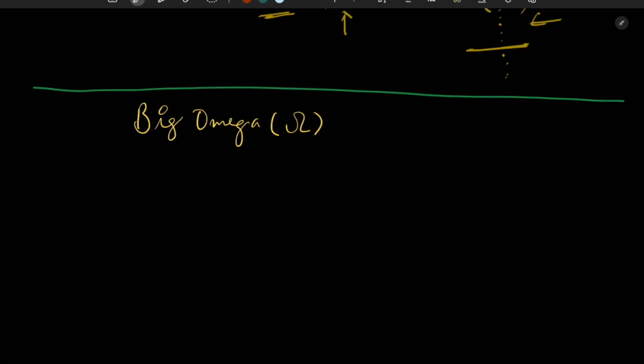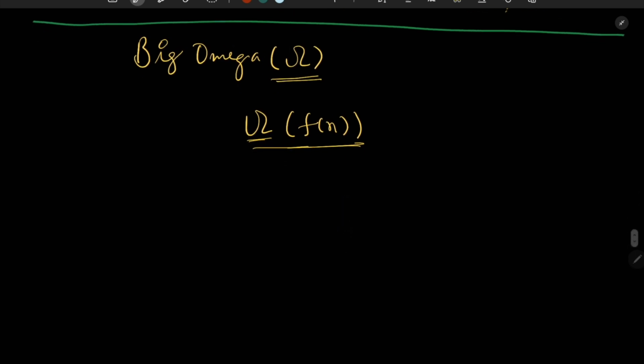Now let's learn about another asymptotic notation which is represented by omega, and it's also called big omega. Essentially, the way we represent this is with the omega sign and whatever function is there to represent it. Like we saw in the earlier section, we will again draw a graph and try to visualize this.